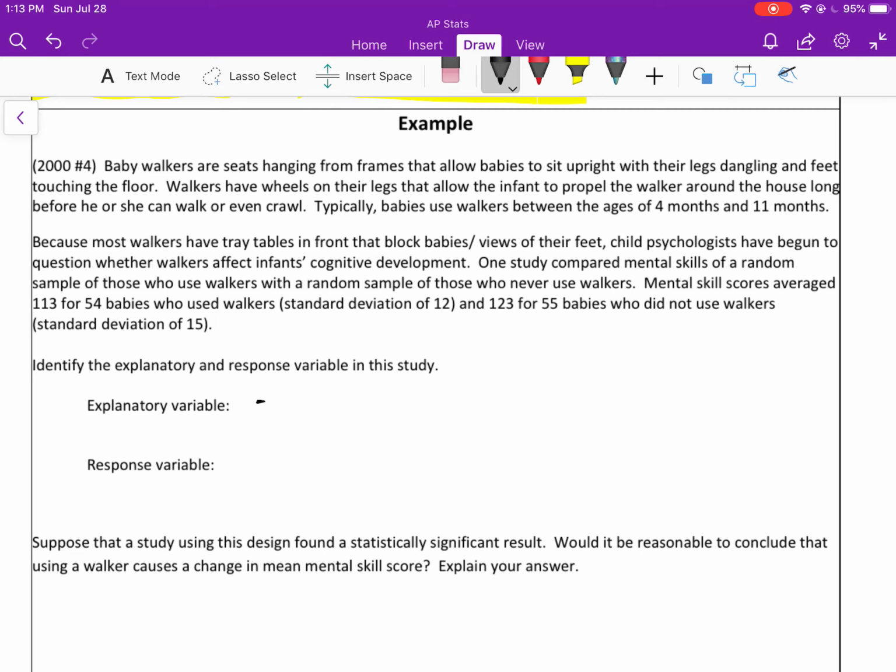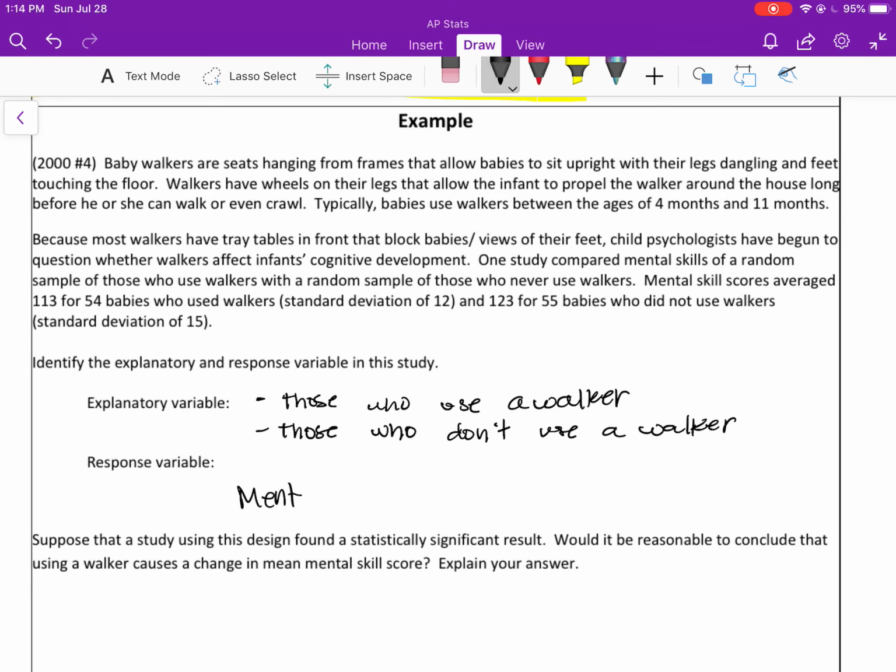So it would be those who use a walker, and those who do not use a walker. Okay. And then the response variable, what we're measuring, is the mental skills.